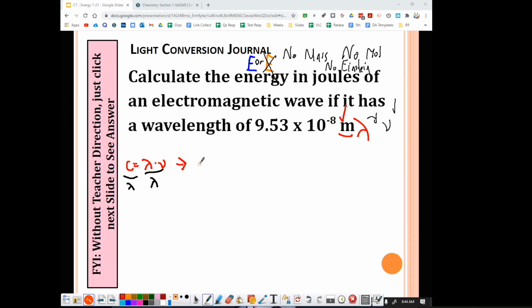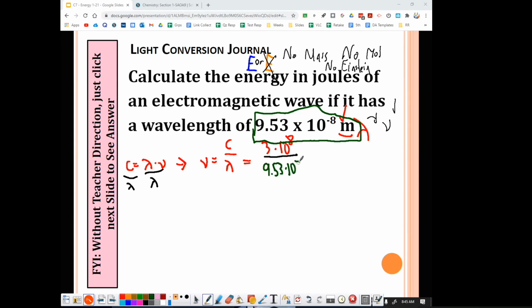And this is going to give me the equation I'm really going to use, which is frequency is equal to C over wavelength, like so. So what does this mean? Well, C is always the same thing. C is 3 times 10 to the 8th power. And my wavelength I can get from the problem that's up there. Okay, so wavelength is listed right here. That was very sloppy, but whatever.